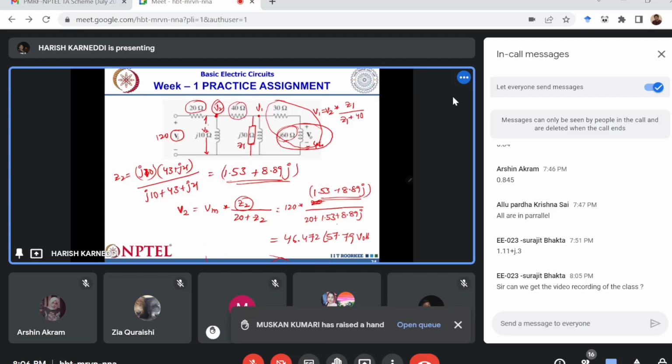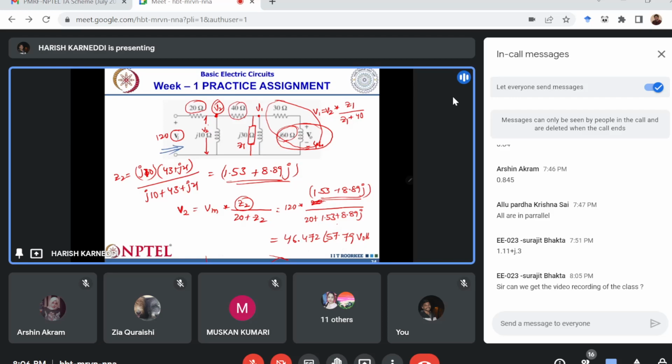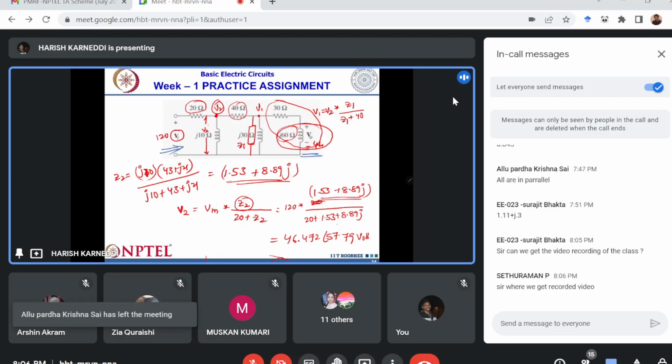So we approached it with the voltage divide rule.